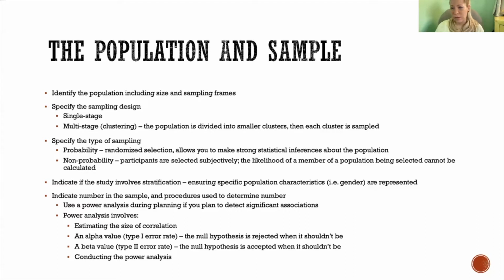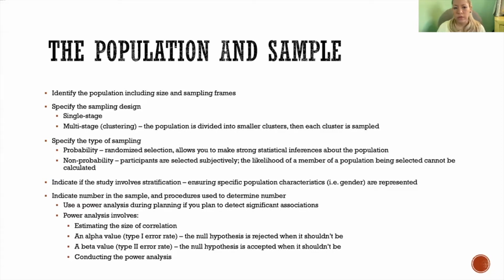So maybe the whole population is patients with breast cancer, and that includes people all over the world, but your sampling frame might be patients with breast cancer who are seeking care or receiving care from a certain facility or a certain healthcare system or something like that, depending on what you have access to. So you want to specify the population and the sampling frame where you are going to draw your sample from.